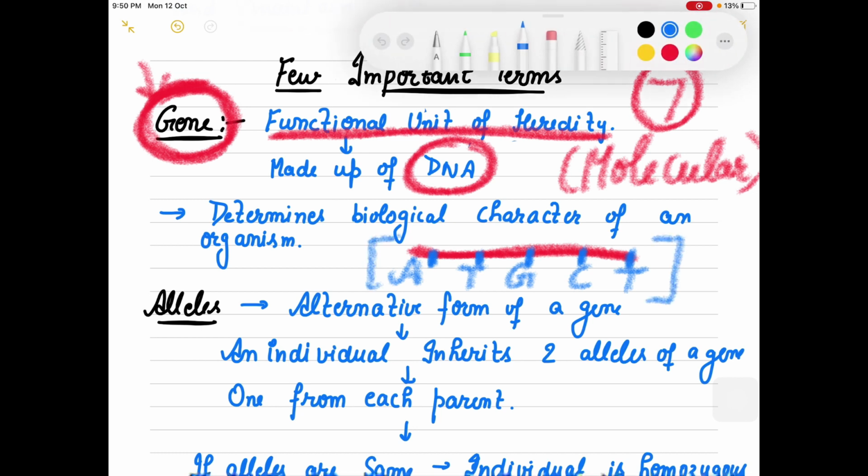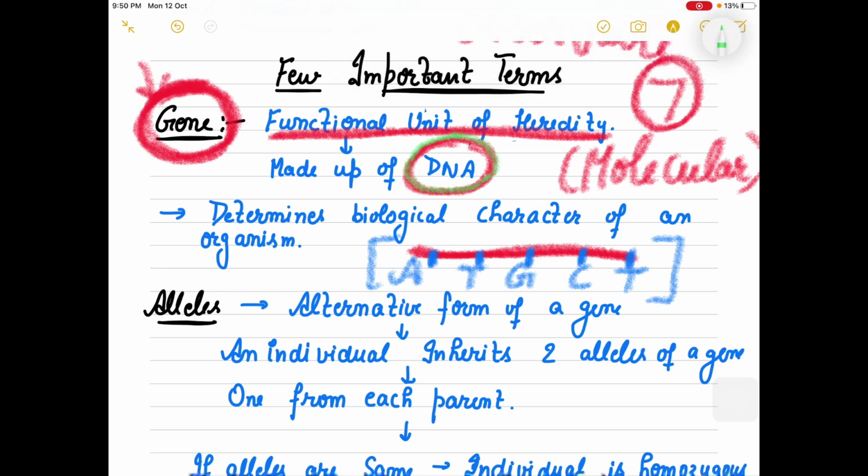So basically, a gene is made up of DNA, which has a few sequences. It is the most important for us because it determines your biological character. It is coming into you from your parents. That biological identity is shown by these genes. So the functional unit of heredity is basically the gene.